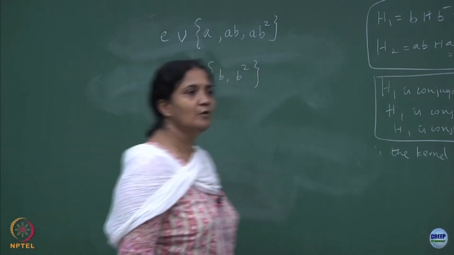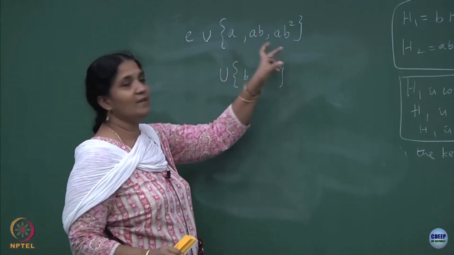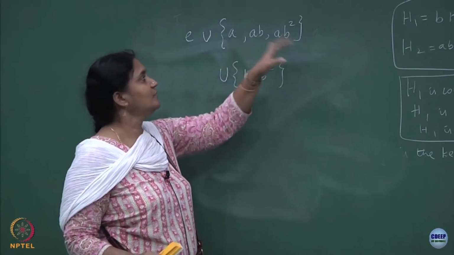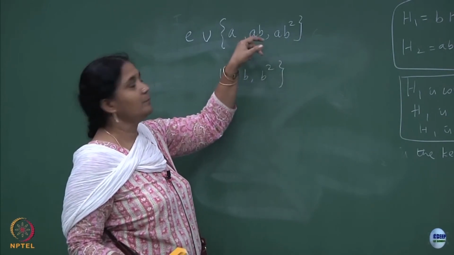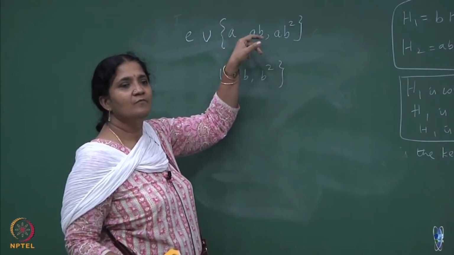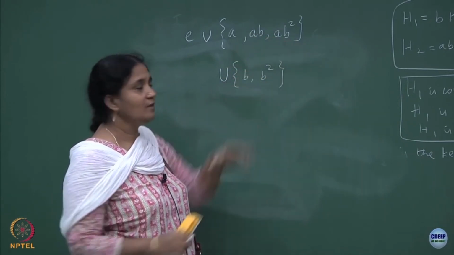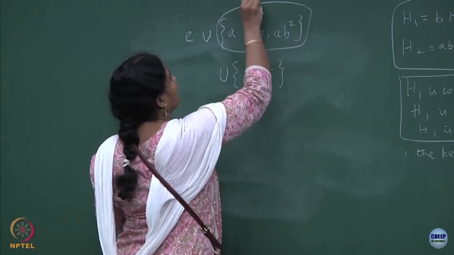Right. So, you will see that this bracketed one is the set of elements conjugate to each other. By doing some similarity transformation, you can show that B A B inverse will give you one of the elements in this set only. Okay. So, this is what we call a conjugacy class.